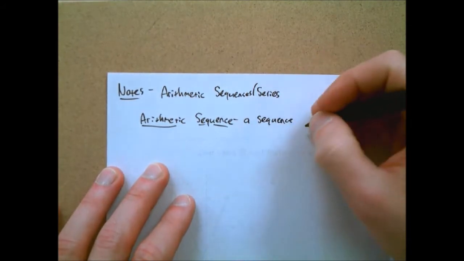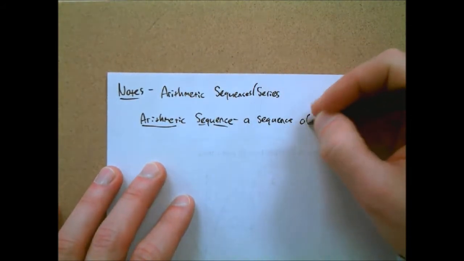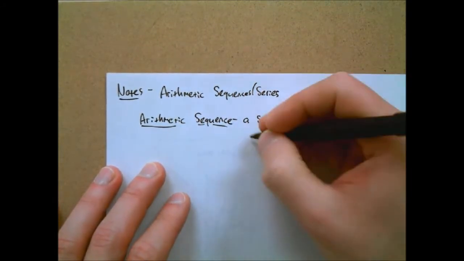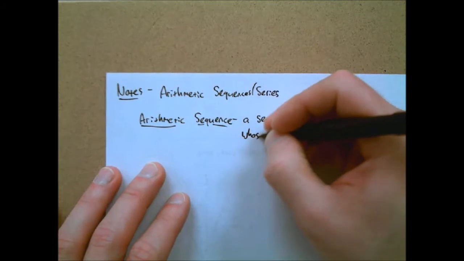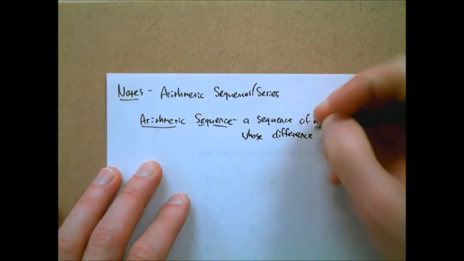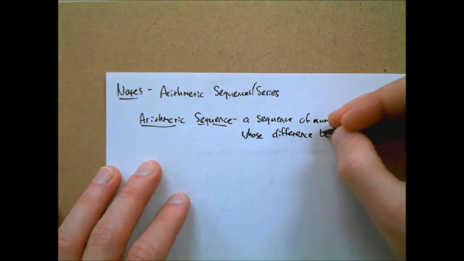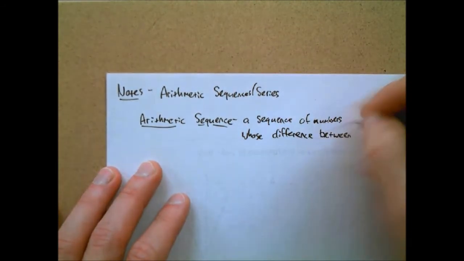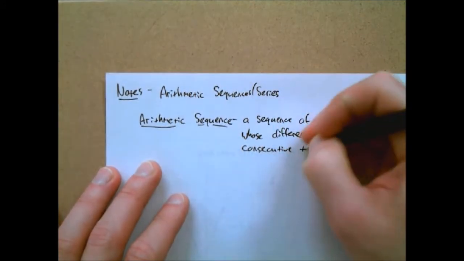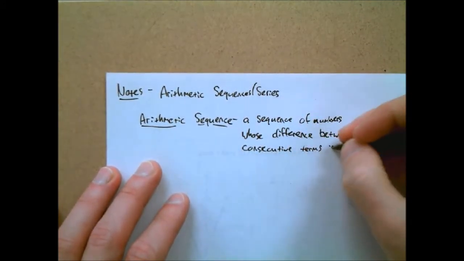So, an arithmetic sequence is a sequence of numbers whose difference between consecutive terms is constant.